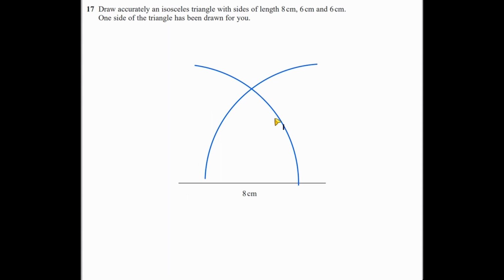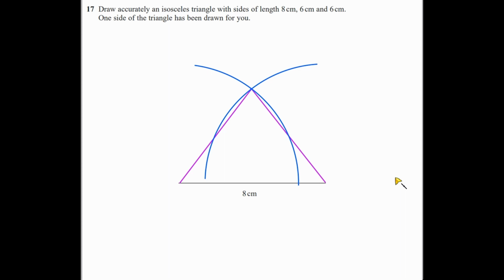I know that from the first curve, and it's 6 centimetres away from this edge, and I know that from the second curve. So if I now draw straight lines from the cross here down to this edge, I have one side 6 centimetres, and the same from the same point down to the other edge, I have another side 6 centimetres. Again, be as accurate as you can, and you can leave the curves in there.